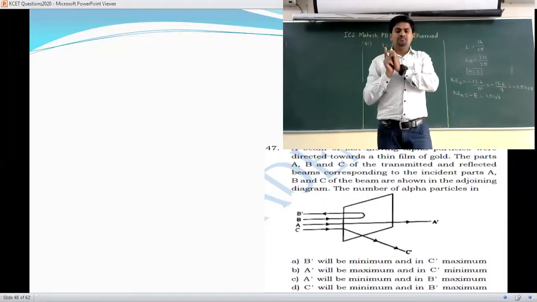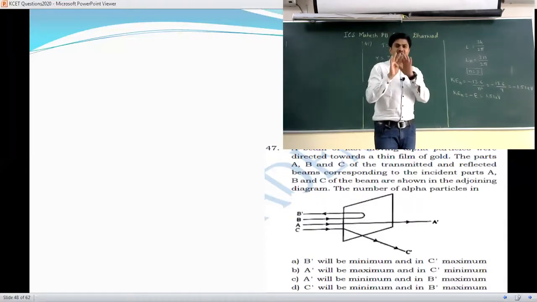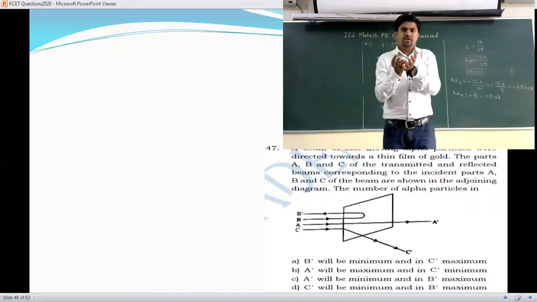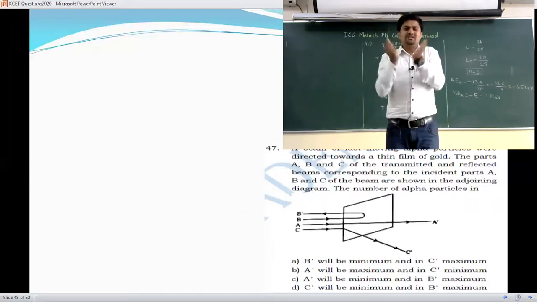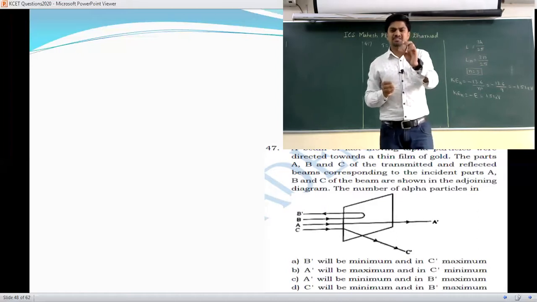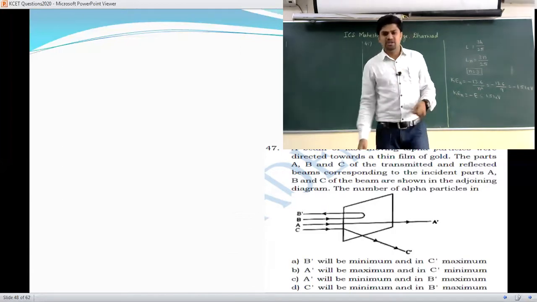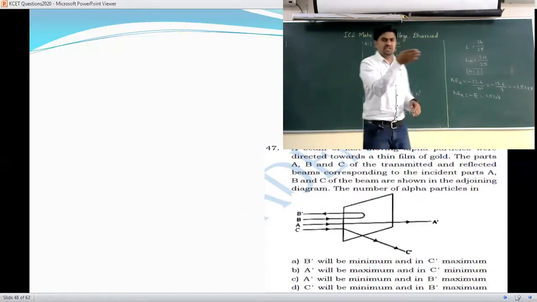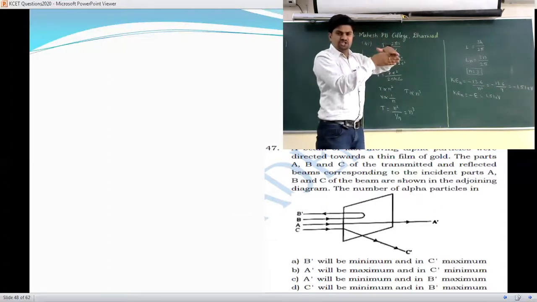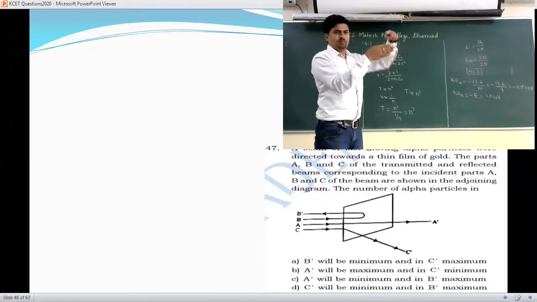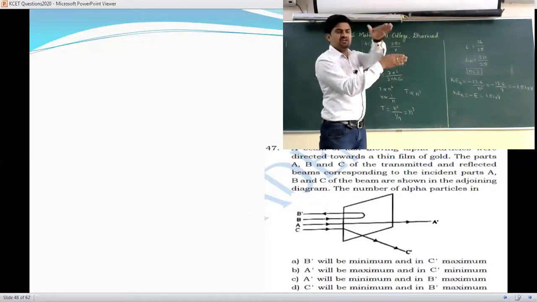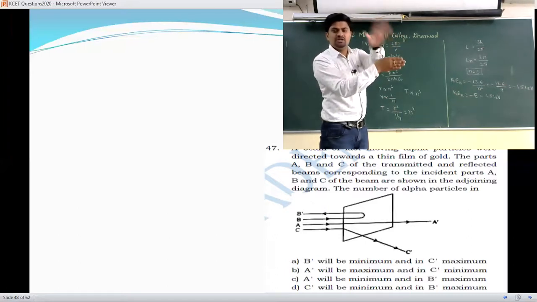Now an atom is hollow, the whole mass is concentrated in a small space, that is nothing but the nucleus. Alpha particles are positive, so they are not attracted by the nucleus. At the center you are having the gold sheet. The alpha particles are coming, they are striking, and some are diverting, some are reflecting, some are going without diverging.